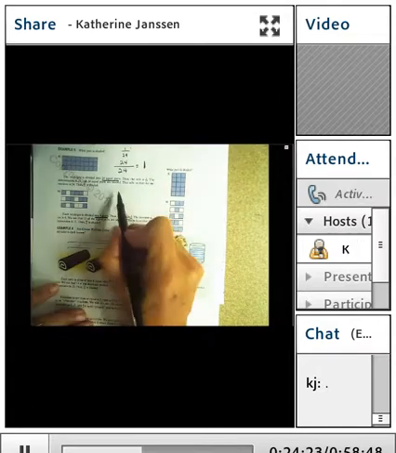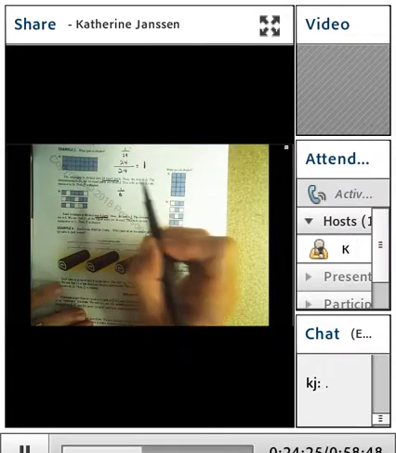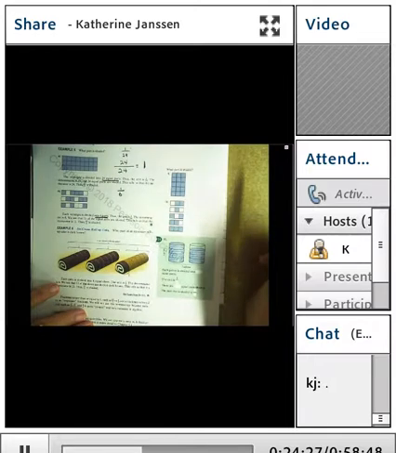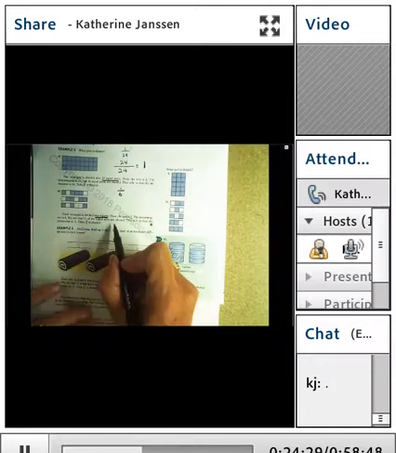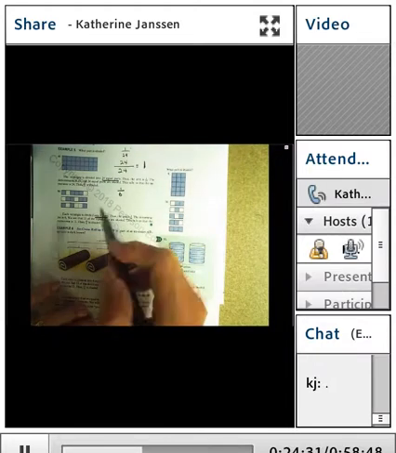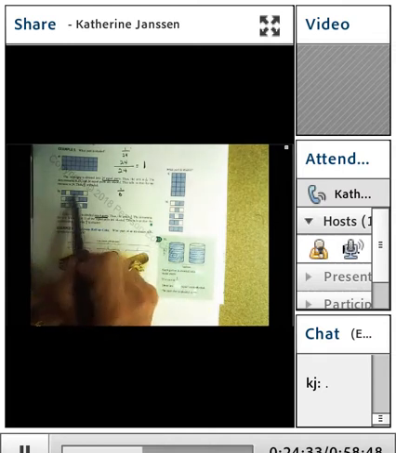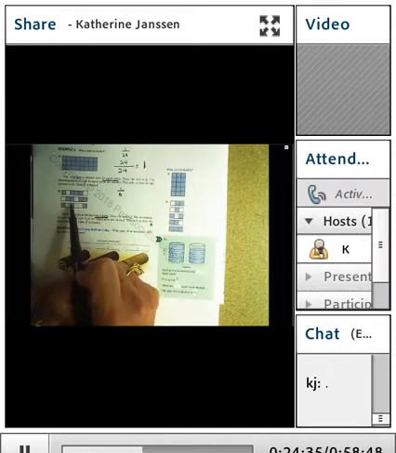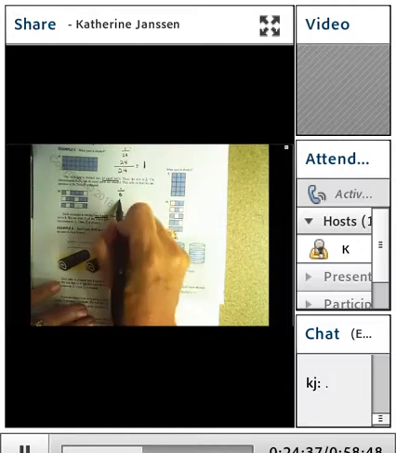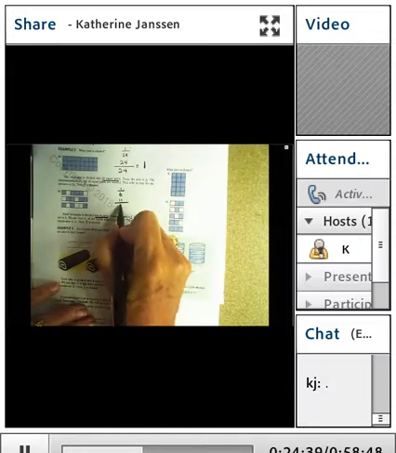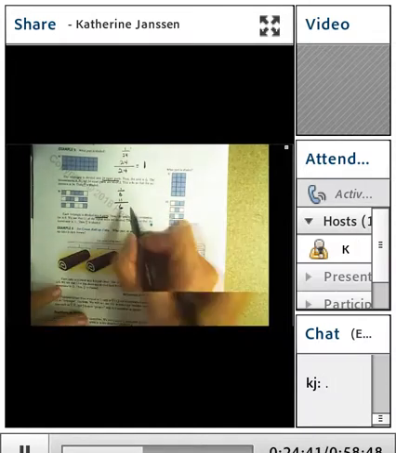So we're working with 1/6 to represent a part. Now we want to determine how many parts are shaded. Well, we have 1, 2, 3, 4, 5, 6, 7, 8, 9, 10, 11. So we have 11 of 6 equal parts shaded.